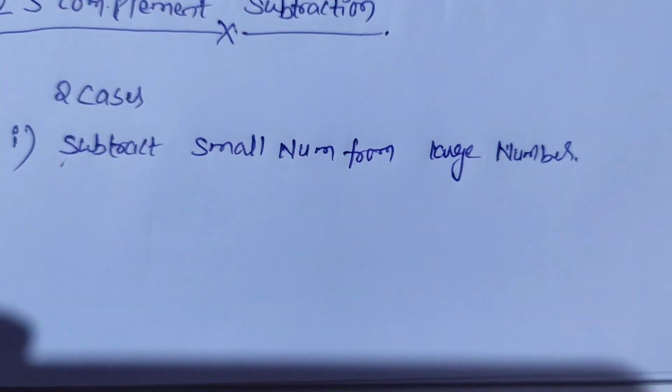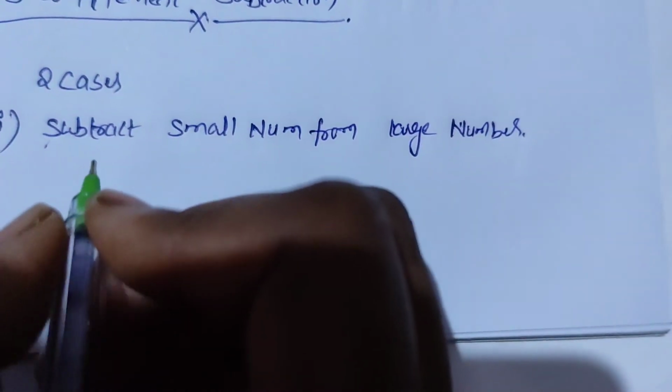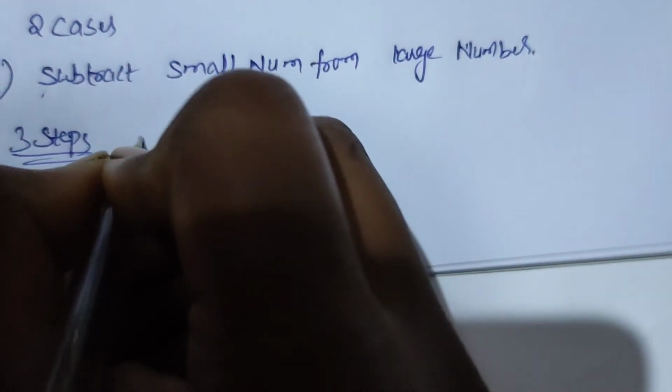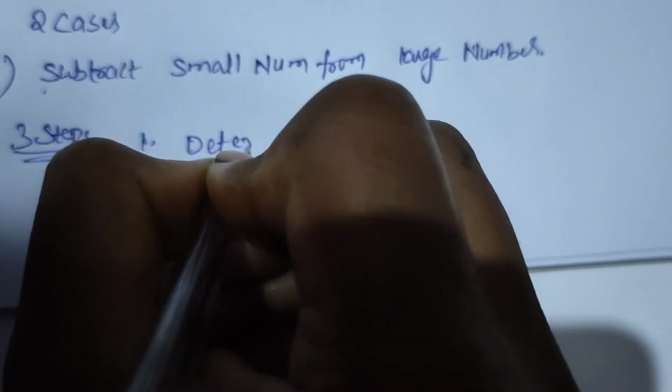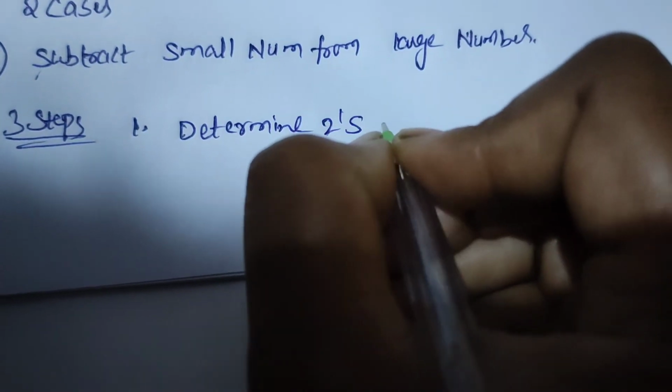In 2's complement subtraction also two cases are there, similar to 1's complement. Case 1 is subtracting a small number from a large number. For that, 3 steps are there. In step 1, first determine the 2's complement of the small number.